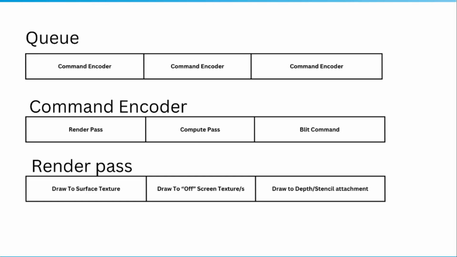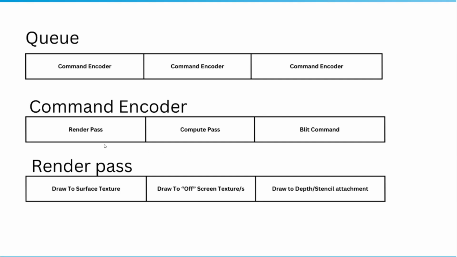Sort of like Photoshop, where you might have layer over layer over layer, and then draw to depth and stencil attachment I already mentioned. So those are also textures, right? A depth attachment is a texture that contains depth information, and stencil as well just contains bits that can be drawn to or not.